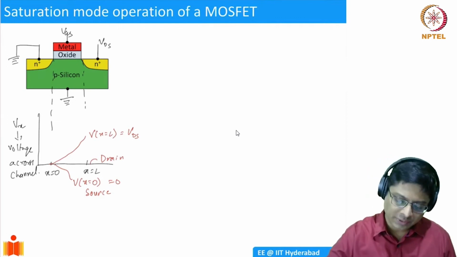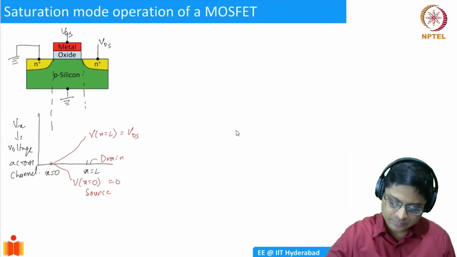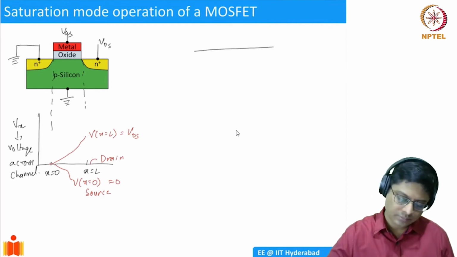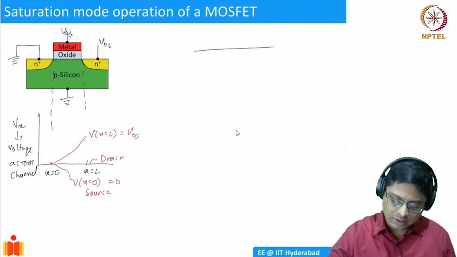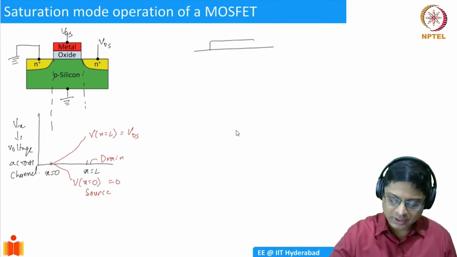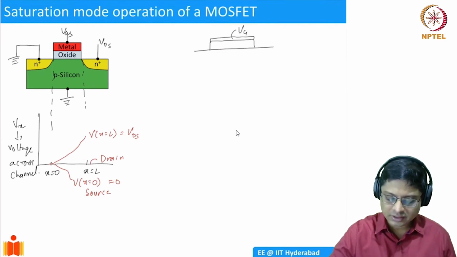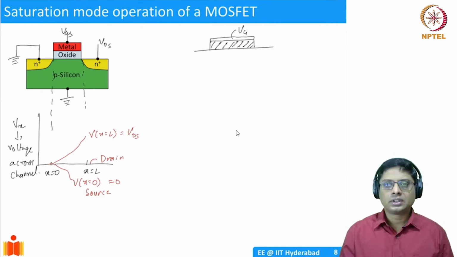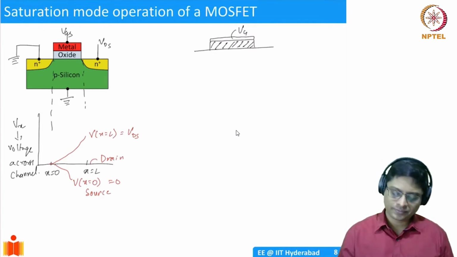Okay. So what we are having is, let's say an oxide, and there is a gate, VG. This is an oxide in between. So what is the amount of inversion charge?